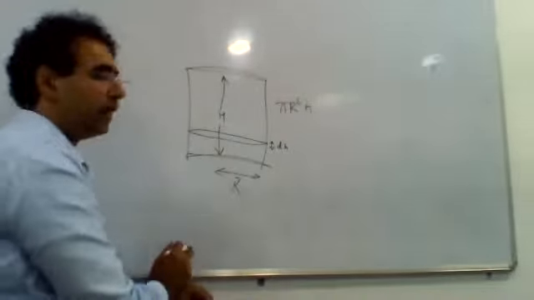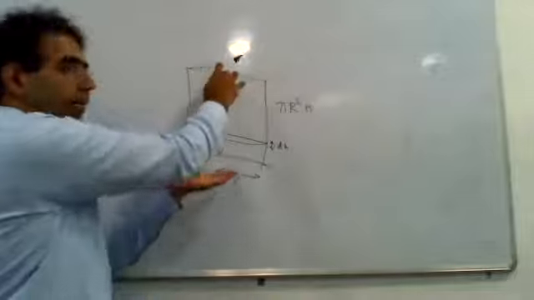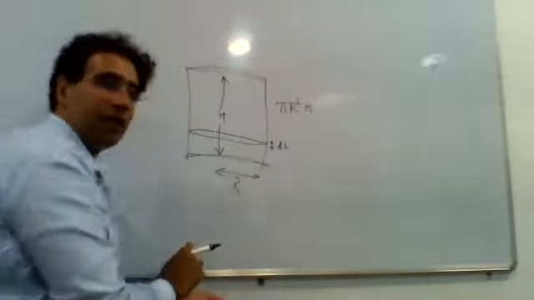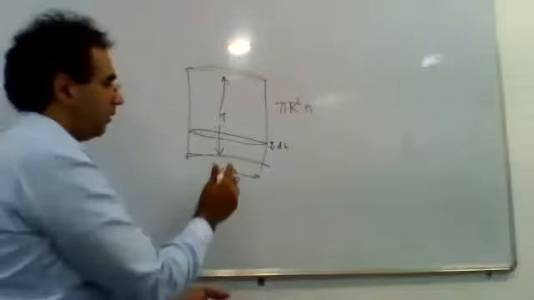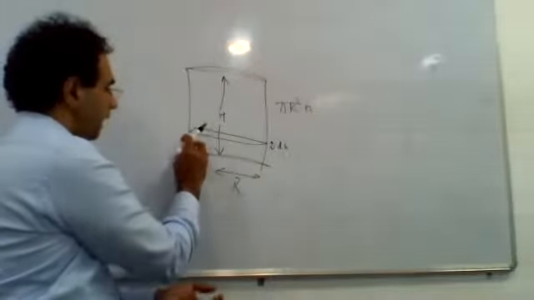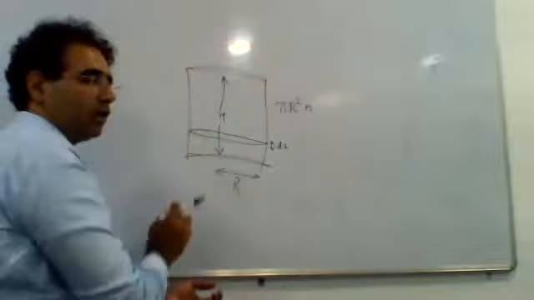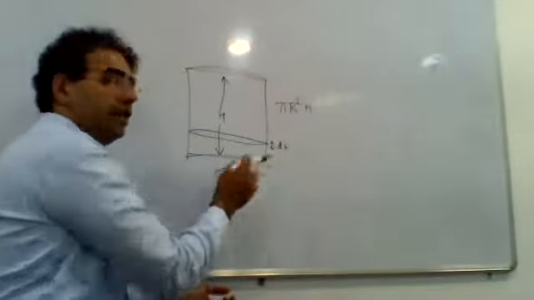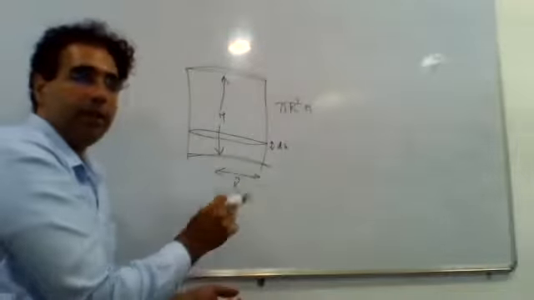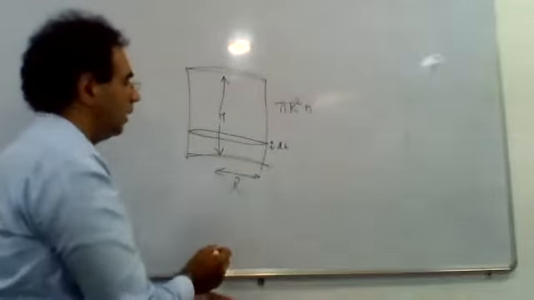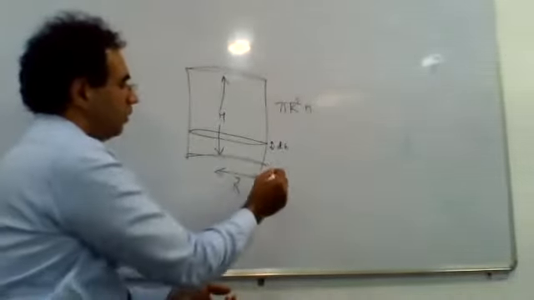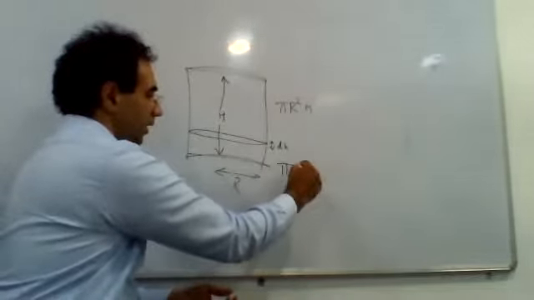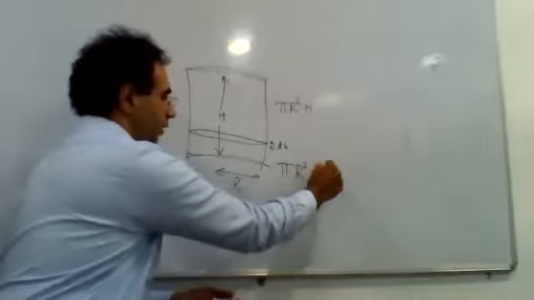The reason I'm using small h instead of capital H is because capital H is a fixed height, whereas the small height that we are taking, we are going to take all these small cylinders and stack them on top of each other. We'll denote this height as dh. The volume of this small cylinder is pi into r square into dh.